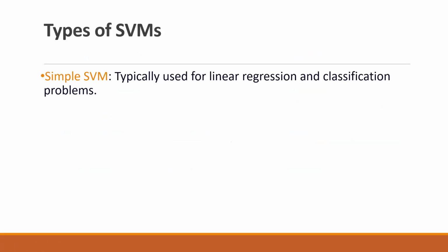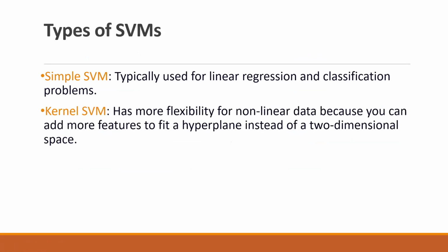On the basis of the problems, we can categorize support vectors. The first is the simple SVM, and the second is the kernel SVM. What is a simple SVM? Whenever we are using SVMs for a linear regression or classification problem, that is, when the machine has two classes only, we have linear regression.